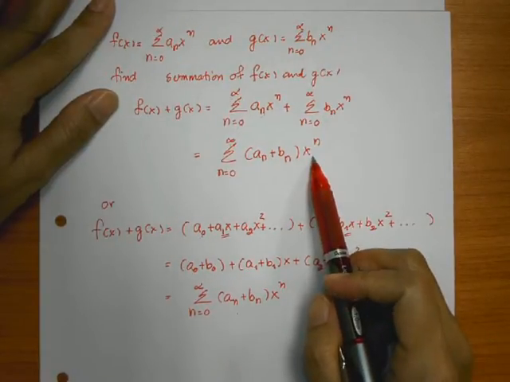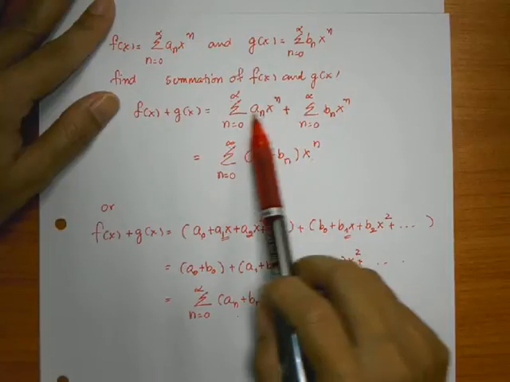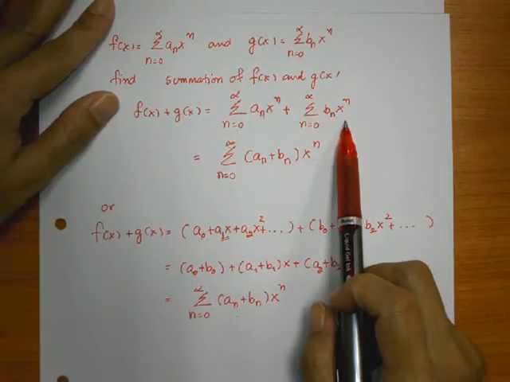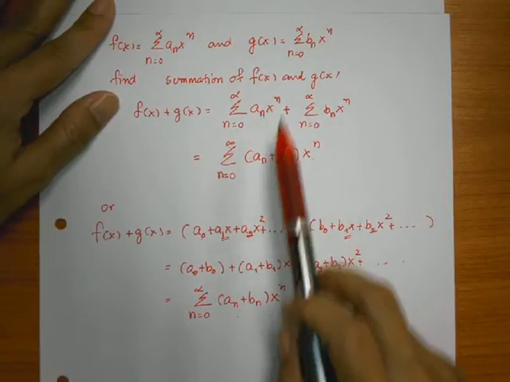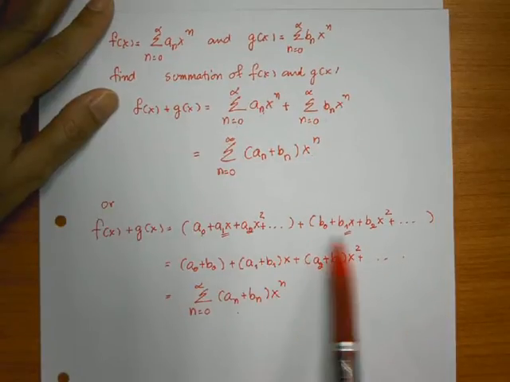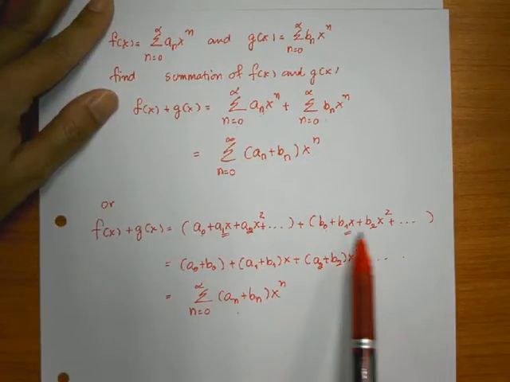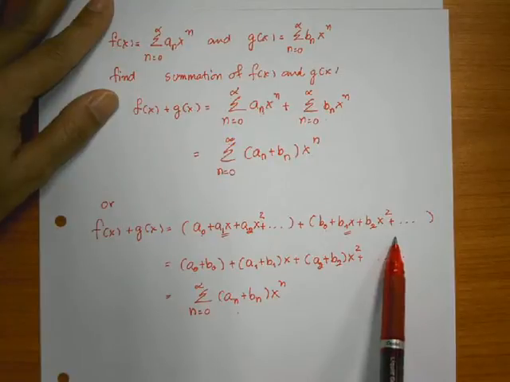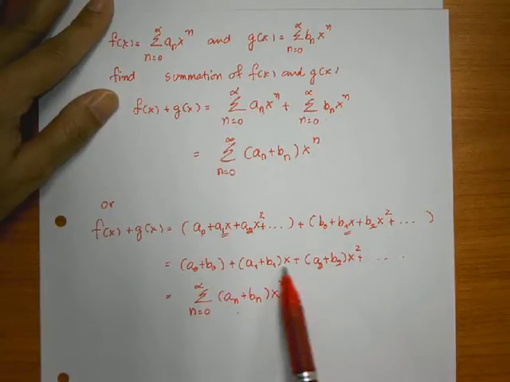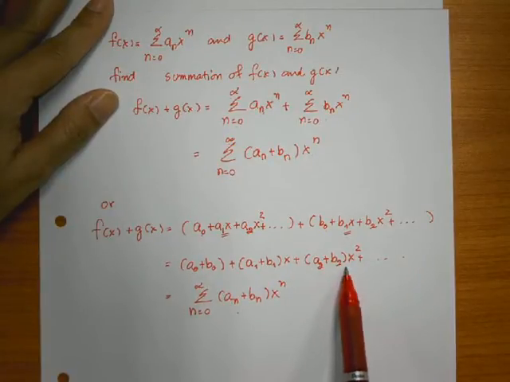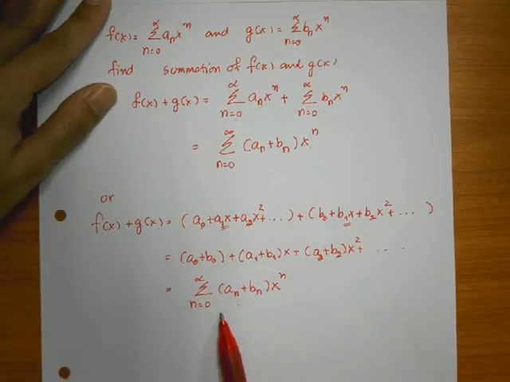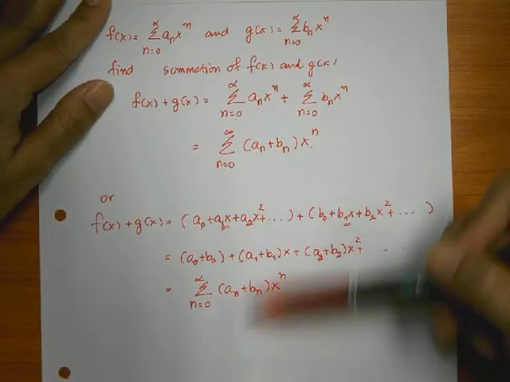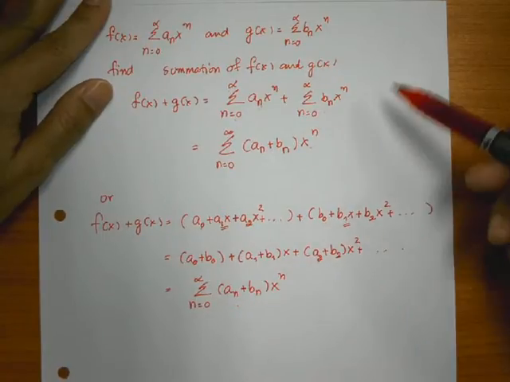Okay, so when you take a look at this and you don't understand what it is, what you can do is just distribute each term like this, and then add as you learned before, then rearrange the terms and put it back into the summation form. You should be able to do this because later on you're going to do something like this all the time.